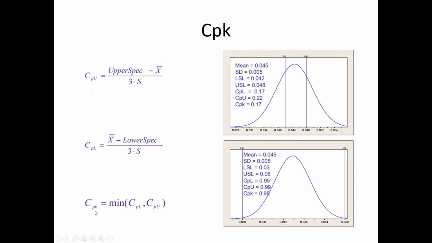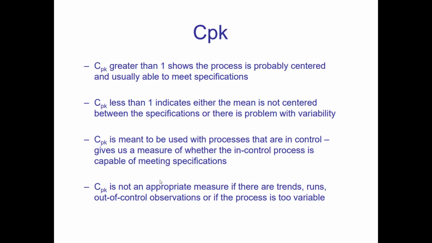So the formula of Cpk is the minimum of CPL and CPU. So you will choose the minimum of these two. CPU value is 0.22 and CPL value is 0.17. So which one is the minimum one? The minimum one is 0.17. So Cpk is less than 1. The process is not capable.